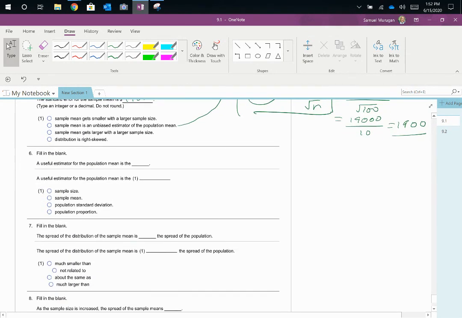All right, moving on. A useful estimator for the population mean is, anybody want to guess? The estimator from the notes is the sample mean.